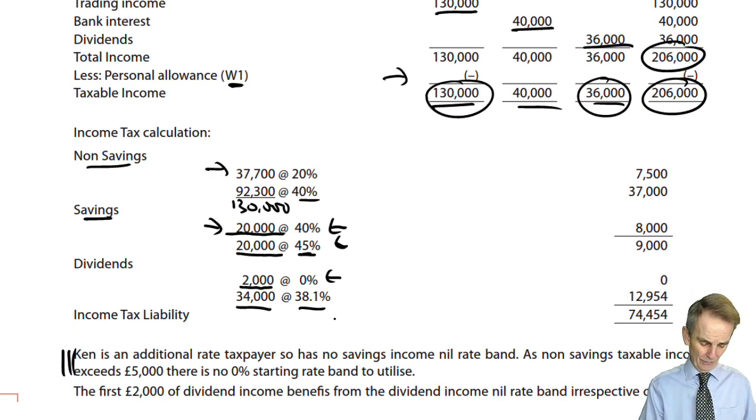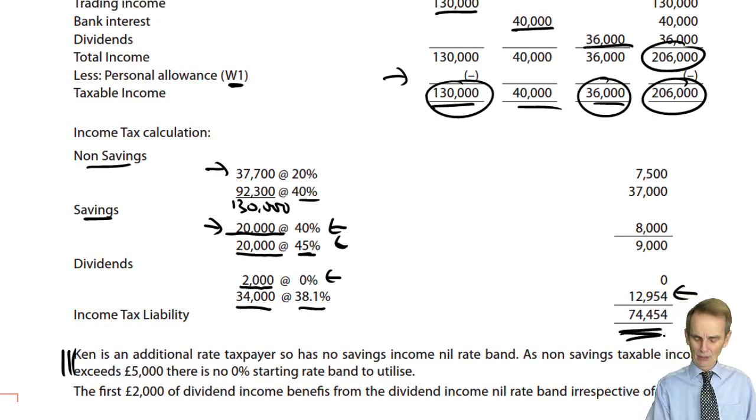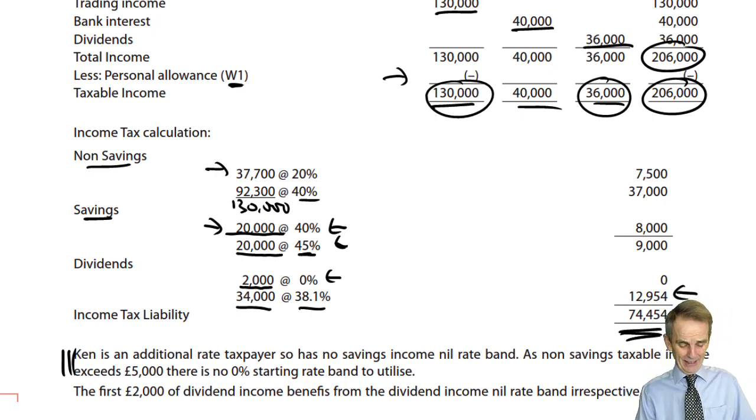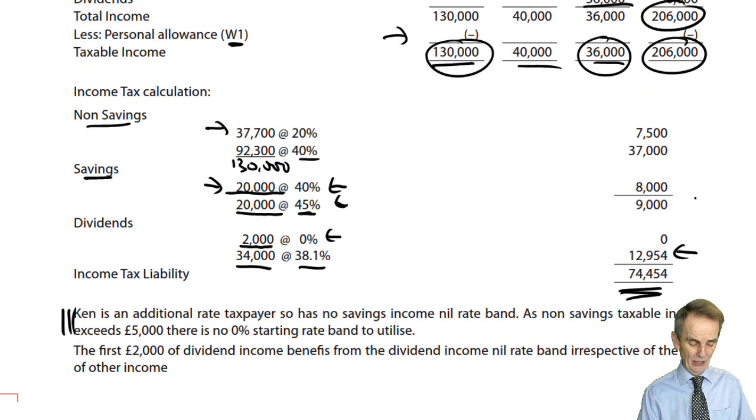So what's the figure? And get that figure, add it in. And we see there is a rather large amount of income tax liability. Still, if you have taxable income of 206,000, you deserve to have a high tax liability. No question about that. Okay, hopefully therefore no problems with that, and you've already read through, again, the points made within this answer.